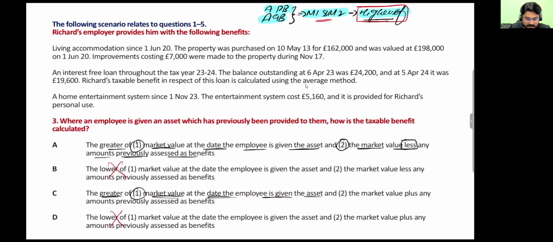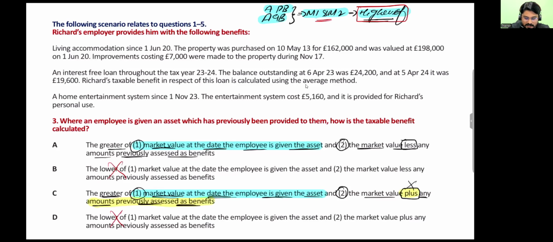By the way, these two statements are exactly the same in A and C. What's the change? If you look at number 2, the market value plus, that's the incorrect thing, plus the amounts previously assessed as benefits. Instead of adding, we must deduct the benefit tax to date.